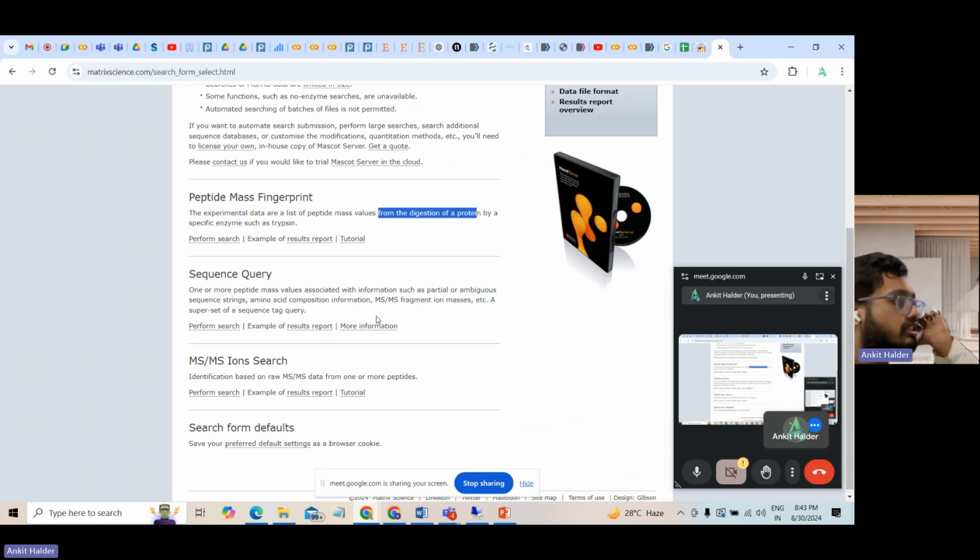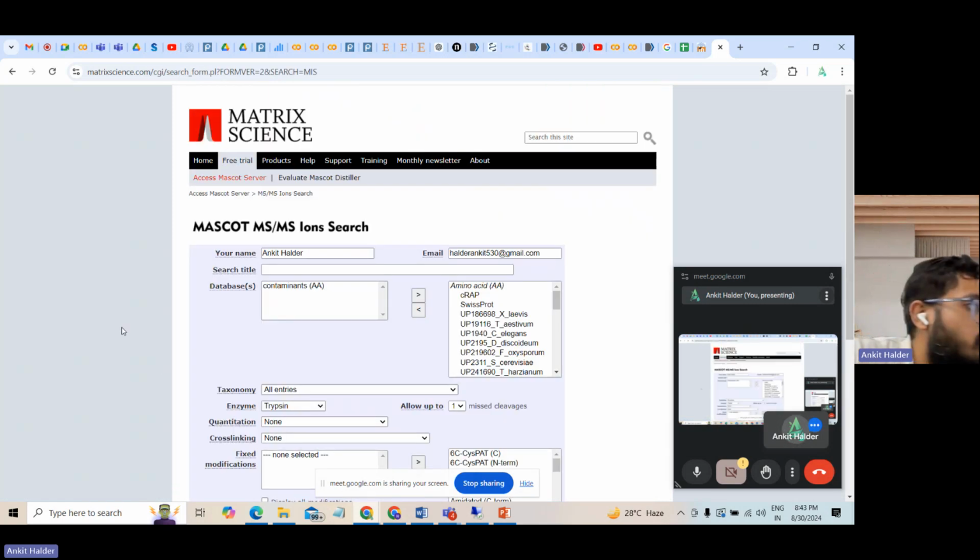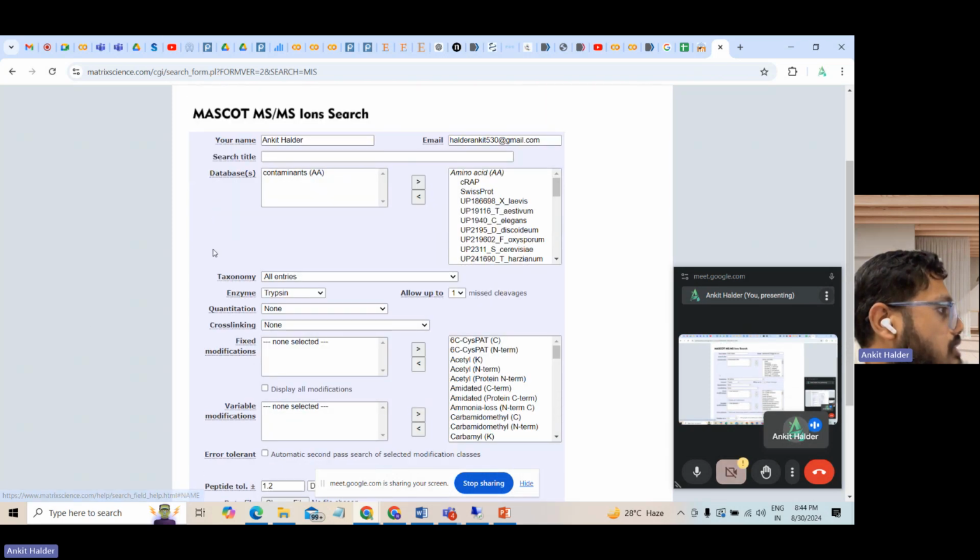So now for instance we go and do one MS/MS ions search. Let us do it. In the next week, if there is another session, I'll do it again and show how we can avoid this issue. So what we're going to do is go to Mascot, MS/MS ions search.